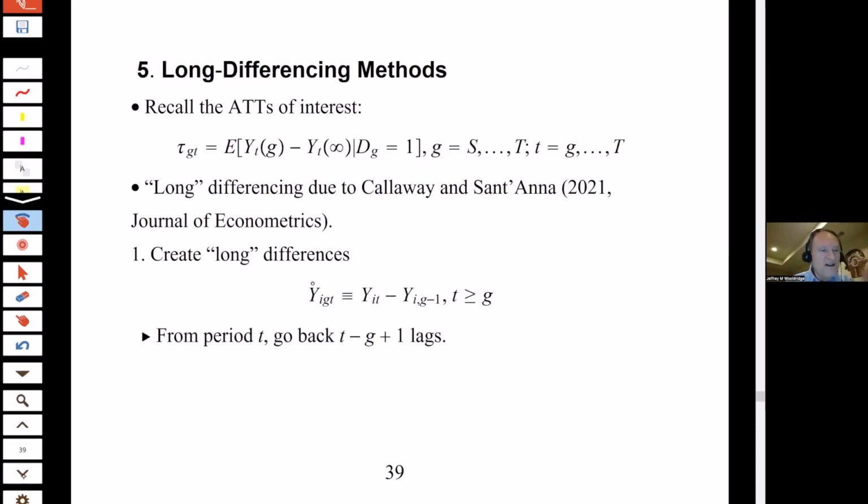Okay, I'm really getting short on time, but let me quickly point out that there's a very similar method, which I'm going to call the long differencing method. This basically says to go back one period before the intervention occurs, ignoring what happened up until that time.